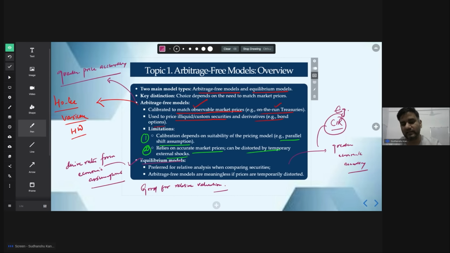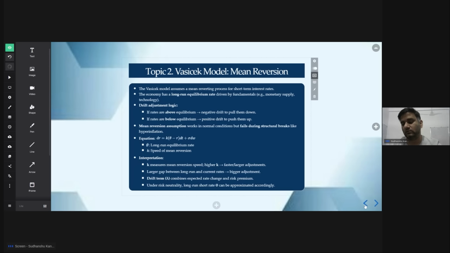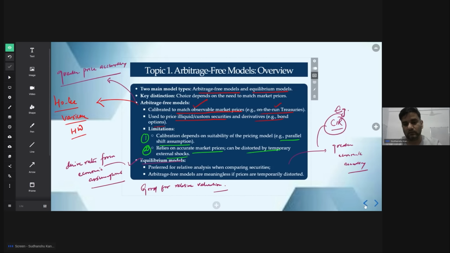You should also understand that equilibrium models have some limitations, not given here. I think in the next topic also it's not touched upon much, but the point is that if the prices are distorted, equilibrium models might hold logically well, but arbitrage-free models lose relevance. Keep that in mind.